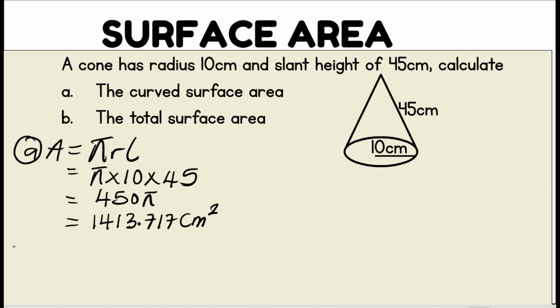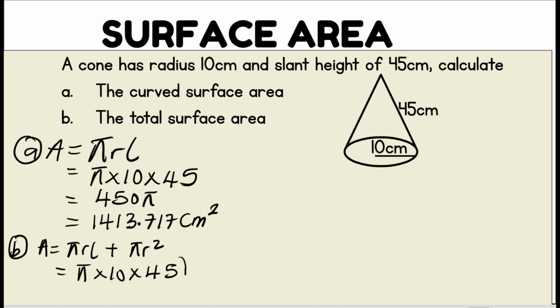Remember, it's in cm square because we are still dealing with area, and area is measured in square units. Now for B, the total surface area is pi RL plus pi r square. So this will be pi times 10 times 45, I'll have to put this in a bracket, plus pi times 10 times 10. And this will leave this to be 450 pi plus 100 pi.